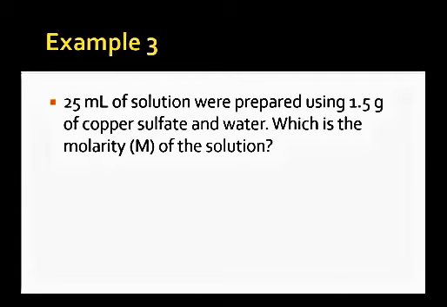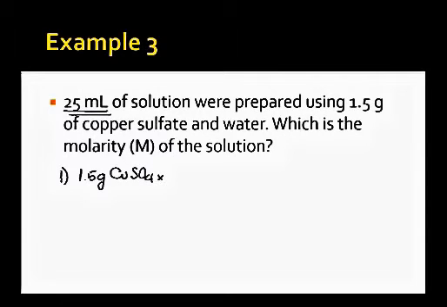In the third example, example number 3, we have 25 milliliters of a solution. So that is going to be the volume of the solution. The first one is to calculate the number of moles of copper sulfate in 1.5 grams of copper sulfate anhydrous.